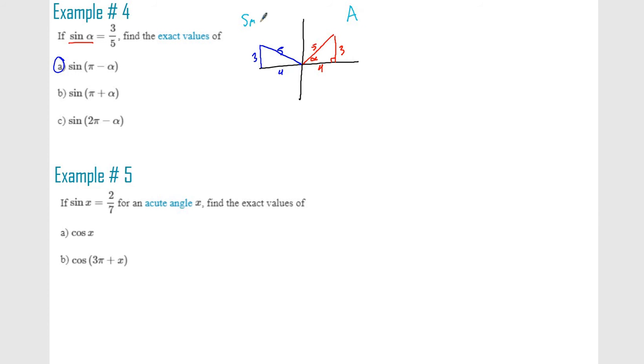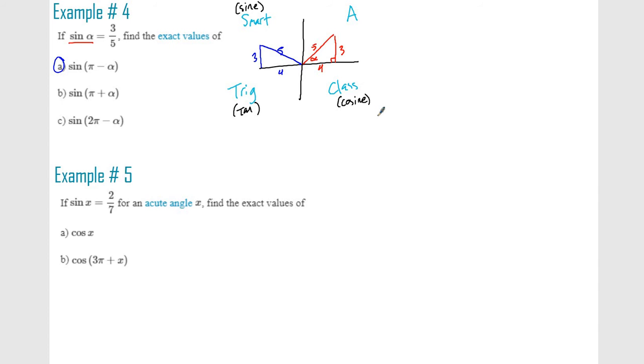A Smart Trig Class. And that means everything's positive, or all things are positive in the first quadrant. Only sine is positive in the second quadrant. Trig means tangent is positive. And in the fourth quadrant, only cosine.